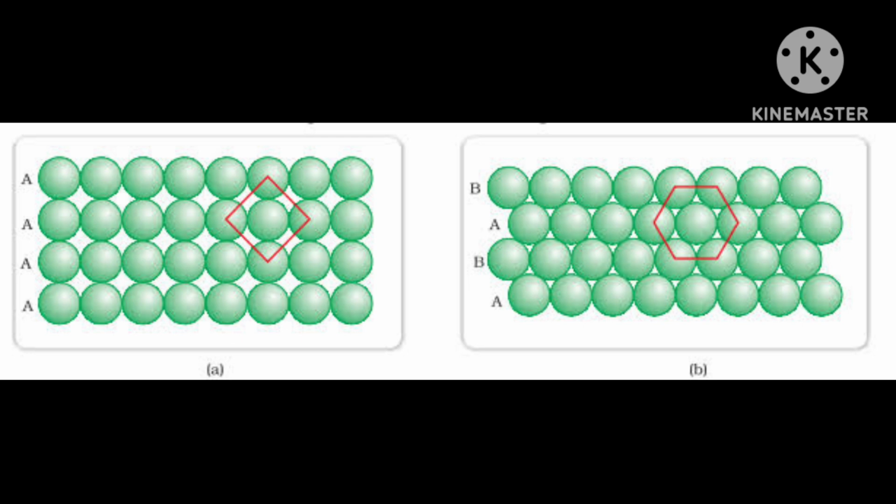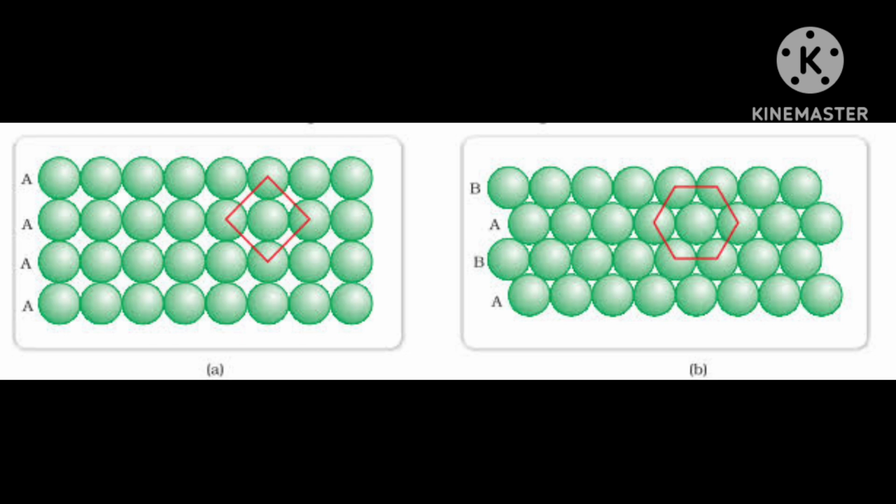Hence, this layer is also of A type. The spheres of the fourth row, similarly placed, will be aligned with those of the second row, B type. Means first A, second B, again A in the third, then fourth B.